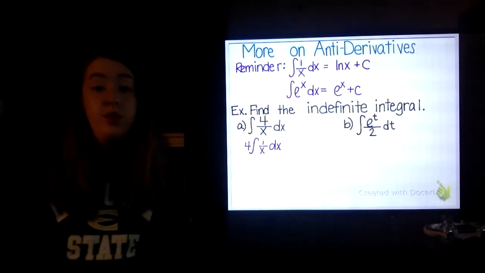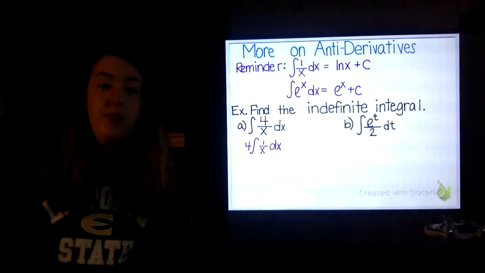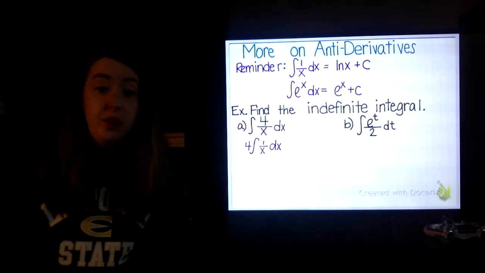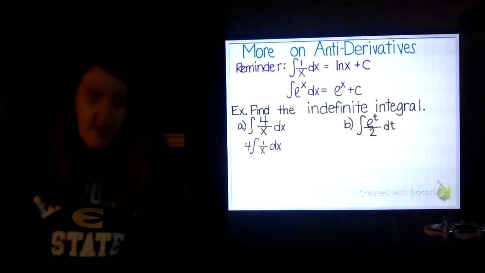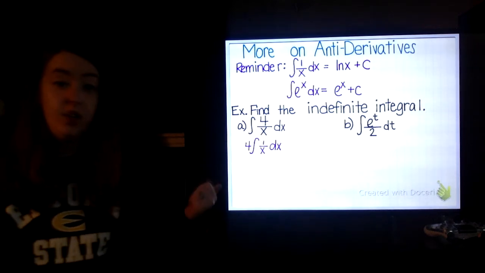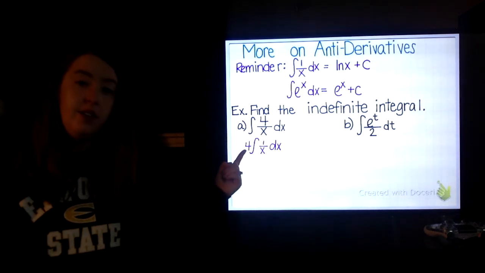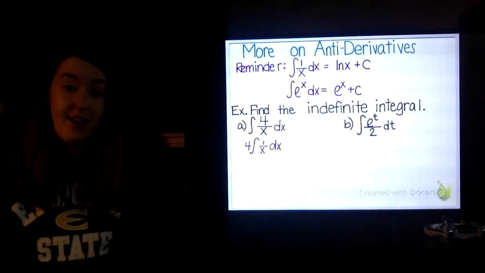Now we know from this rule right here that the integral of 1 over x is the natural log of x. And we also know that when I take the integral of something and I have a constant out front, I just multiply that constant by whatever my integral is afterwards.